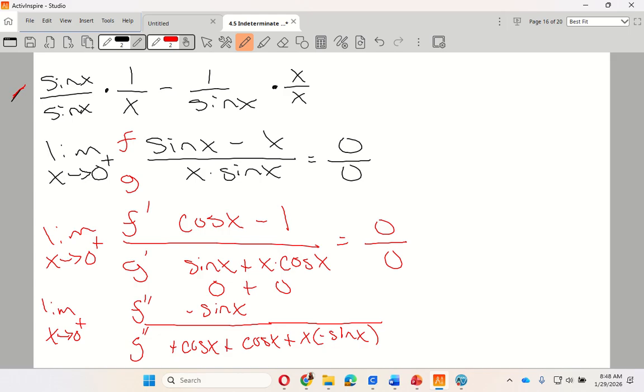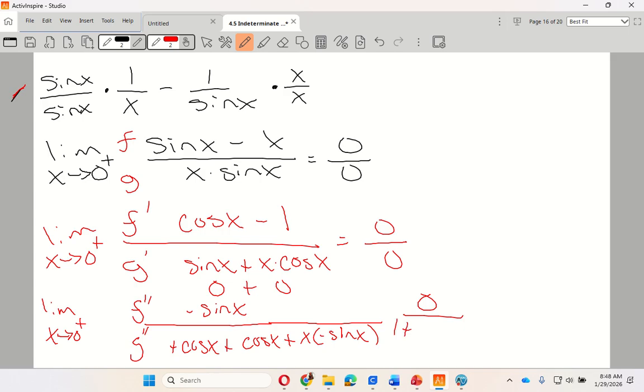Derivative sine at 0. So right there, sine at 0 is 0. Now, for not to get the indeterminate again, I need to get anything but 0 here. Anything but 0, but not infinity. All right, so cosine at 0 is 1.